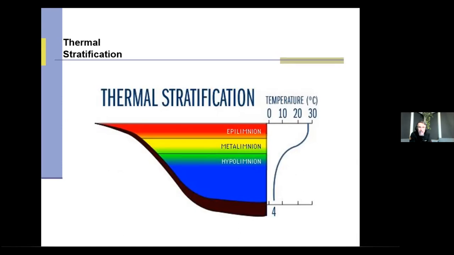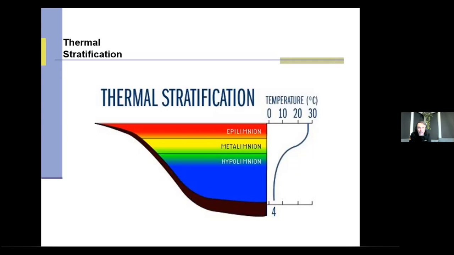Keep in mind, warmer temperatures have less oxygen. As we get to the middle there, the yellow layer, we can call that the thermocline. Any point past that into the blue, it gets really cold. It could be up to 4 degrees at the bottom and 30 degrees at the top.